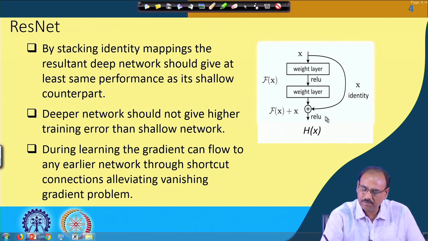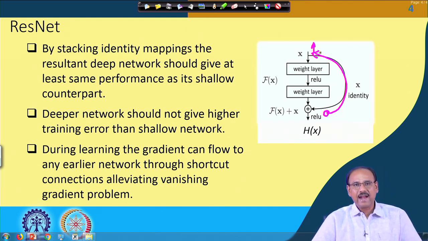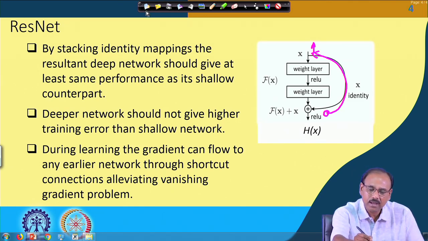So whatever gradient is available at this particular level, this gradient can directly flow to the layer beyond this. That is the advantage of the ResNet or skip connection: the gradient need not flow through each and every layer in your deep neural network, and that is how it can avoid the problem of vanishing gradient.